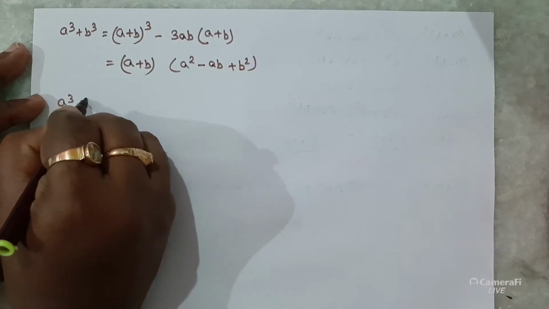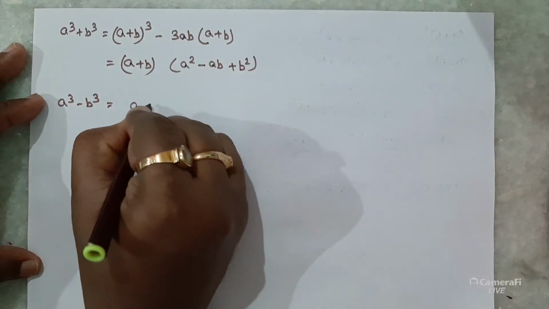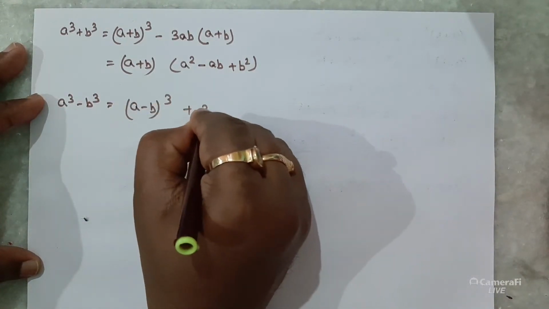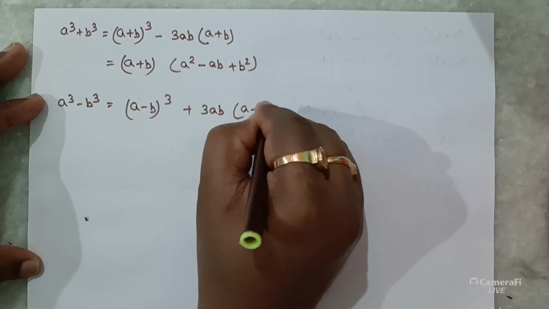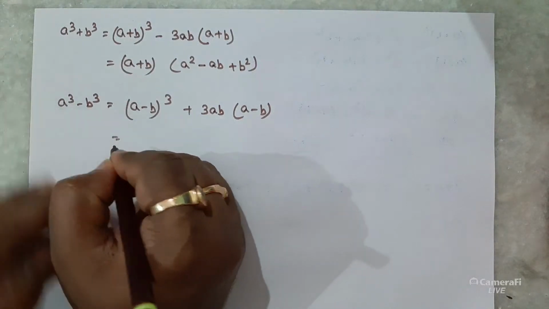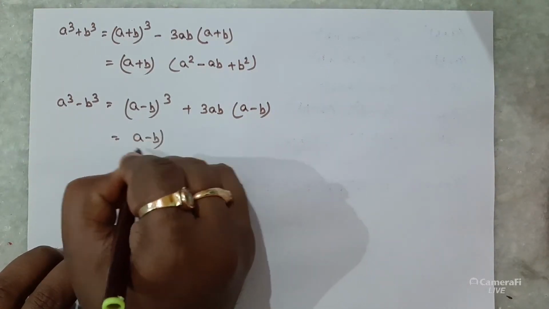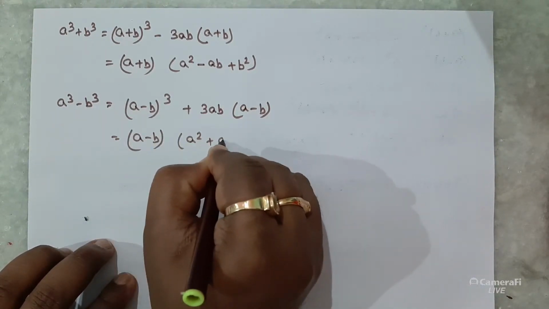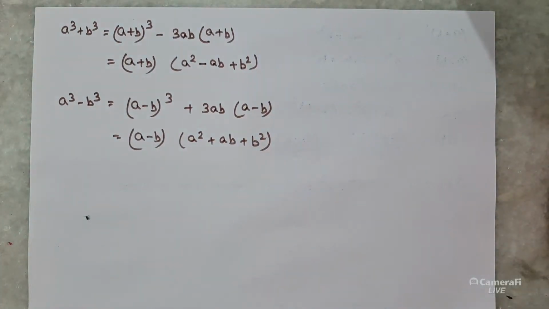Next, a cube minus b cube is equal to a minus b whole cube plus 3ab into a minus b, which equals a minus b into a square plus ab plus b square.